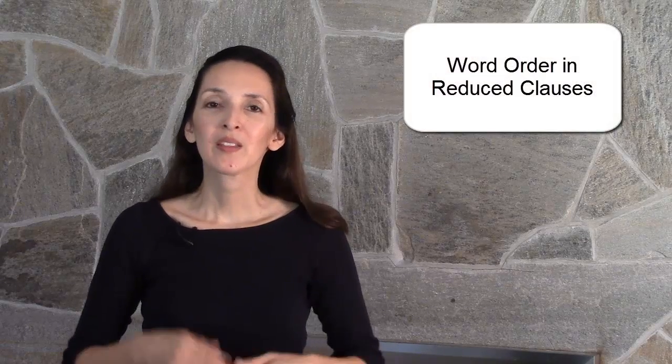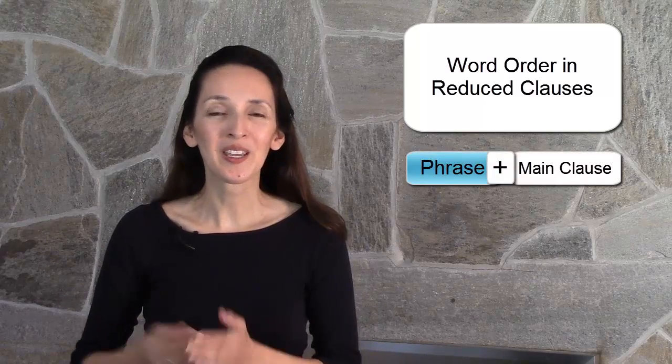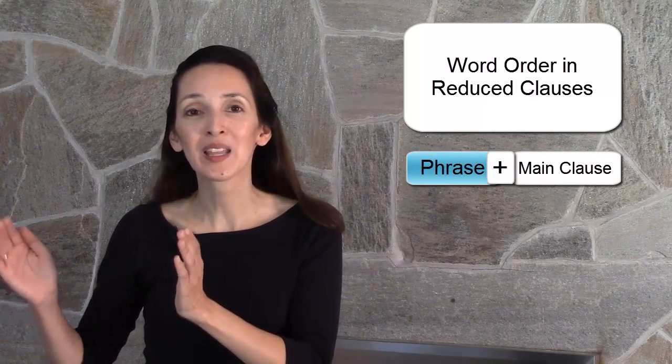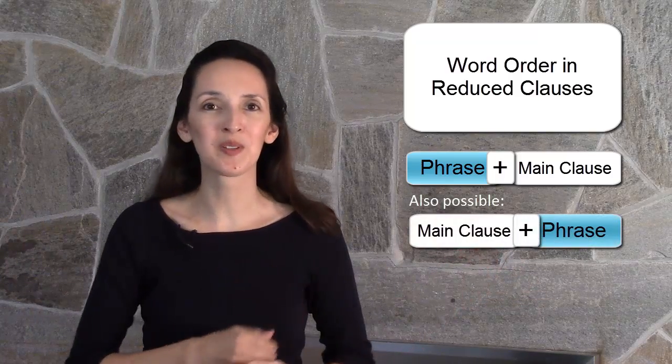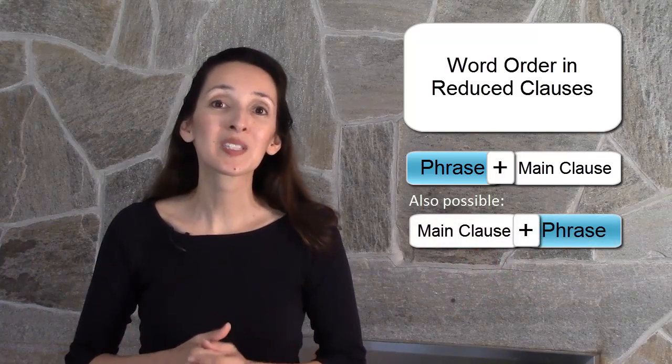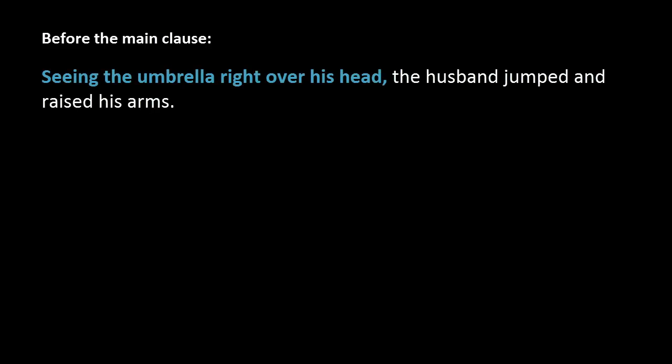Let's talk for a moment about word order. These phrases that act like adverbs are usually in an initial position at the beginning of a sentence, but they can also be in a final position. Let's look at some examples. Here are 2 lines from the story.